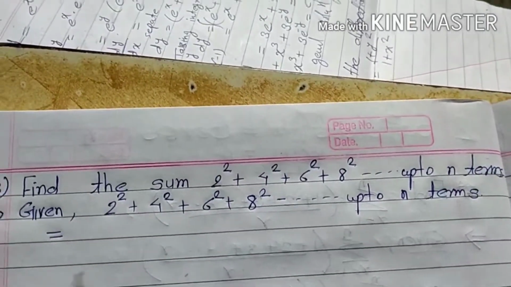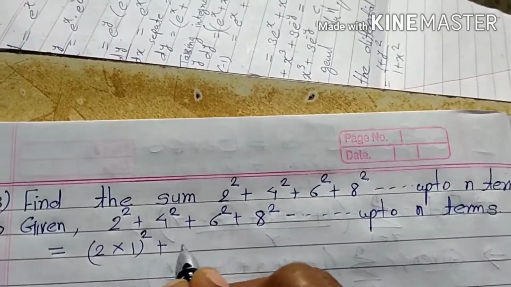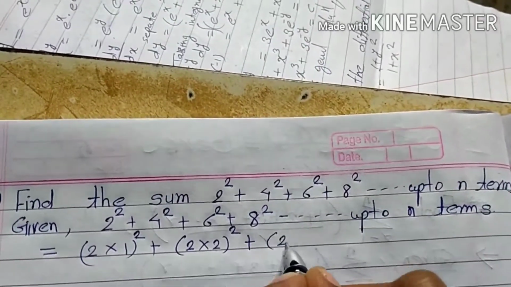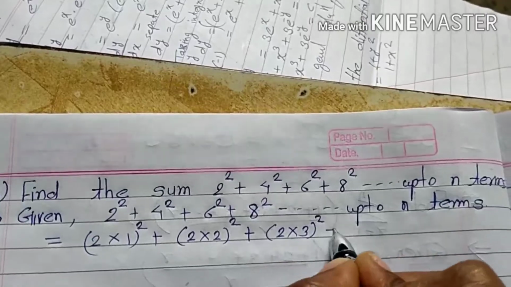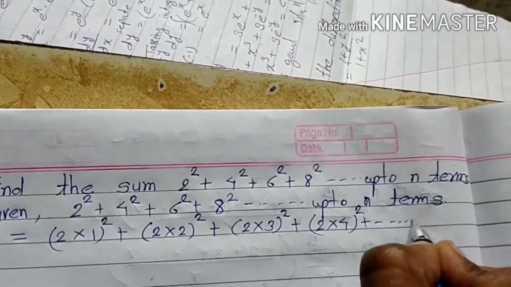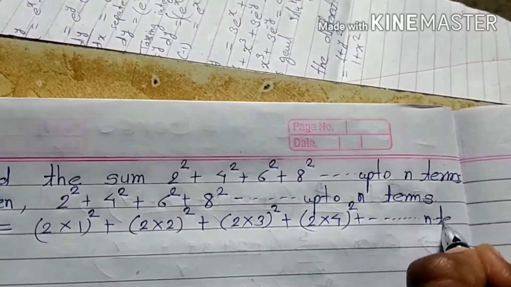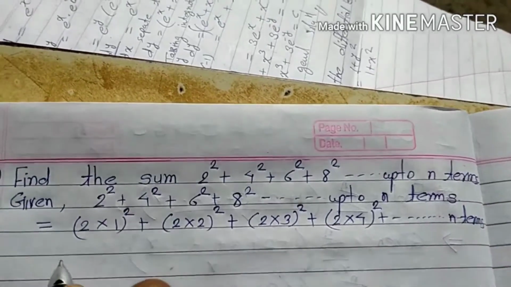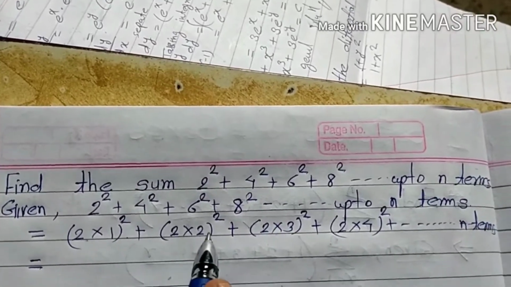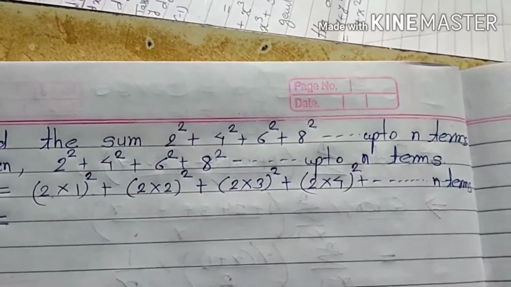So which is equal to, now I am writing here, (2 into 1) whole square plus (2 into 2) whole square plus (2 into 3) whole square plus (2 into 4) whole square up to so on n terms. Okay. So you can observe that 2 into 1 is 2, 2 square, 2 into 2 is 4, 4 square, means our adjustment is right.